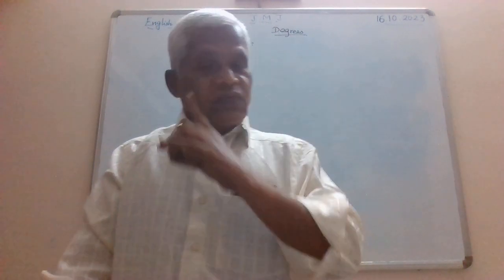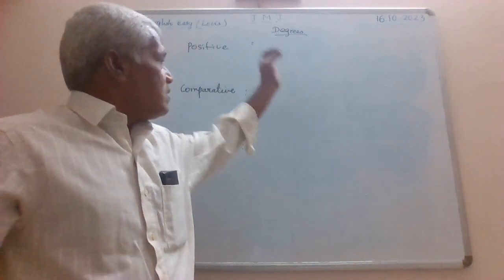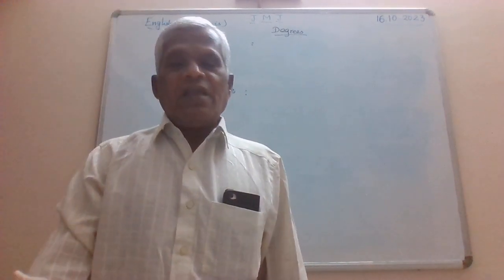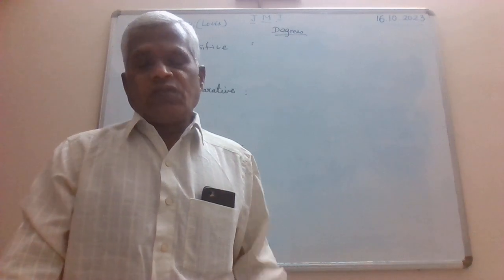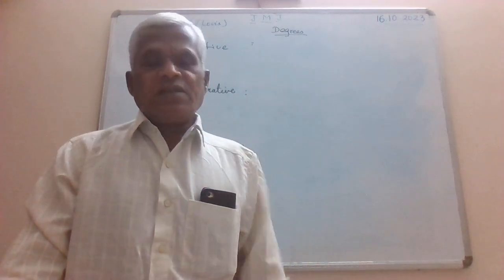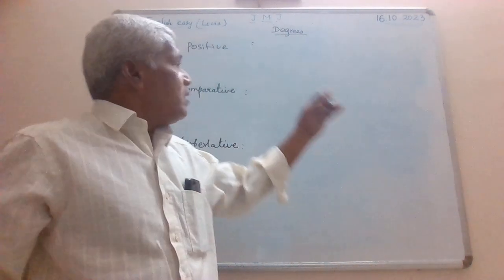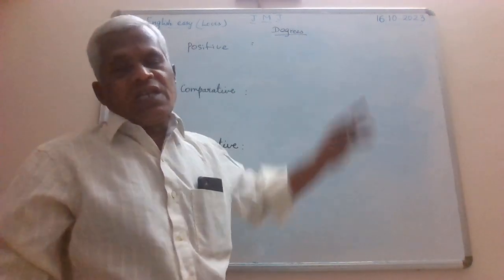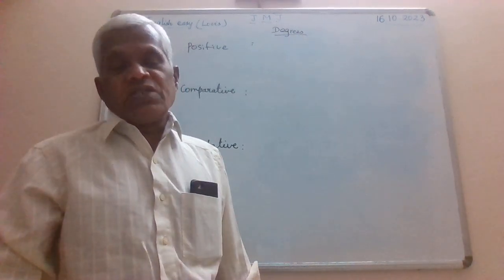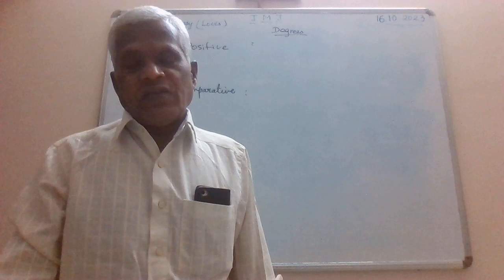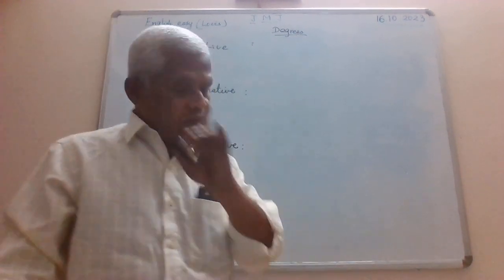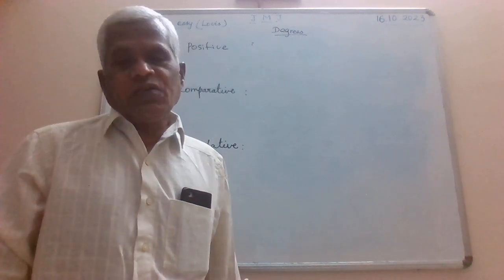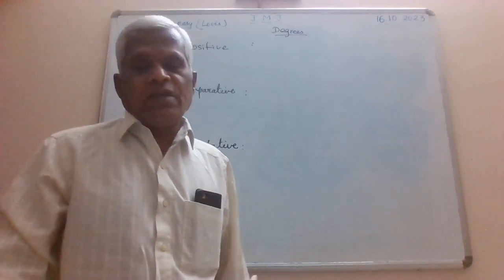Now, since we have got three different degrees in this category, there are certain ways to write these adjectives for each degree: positive degree, comparative degree, and superlative degree. So, what is the format for each degree to write this information?